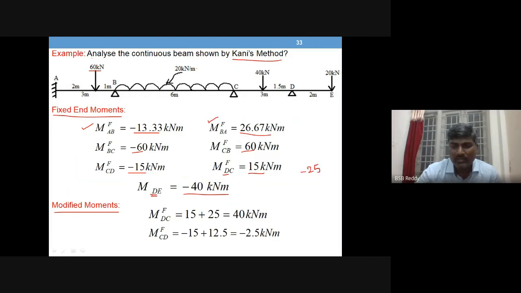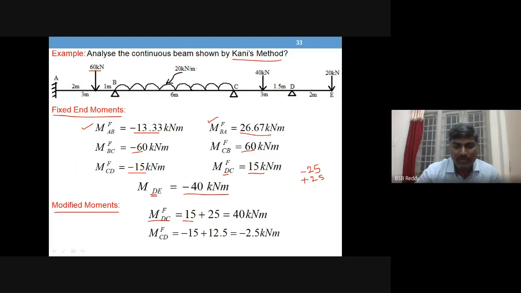25 is the balance. So to make it 0, we will be applying plus 25 to MFDC. So MFDC is only 15. You have to make this 40 so that it is minus 40. So these two, if you add, it becomes 0.